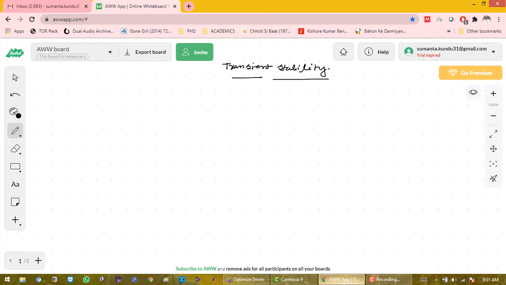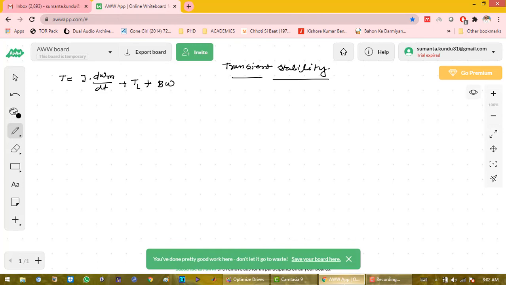Now, we know our basic torque equation is T equals J d omega m by dt plus useful torque plus B omega m. This equation we have derived just a few seconds back.